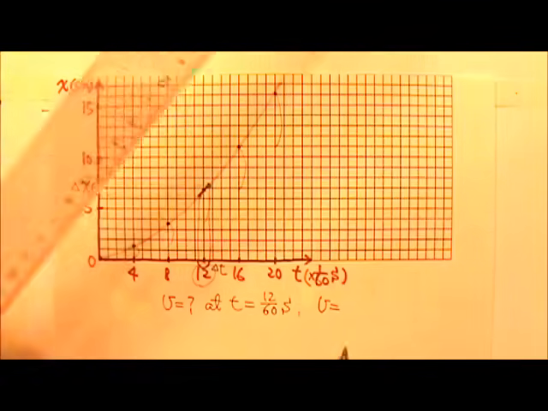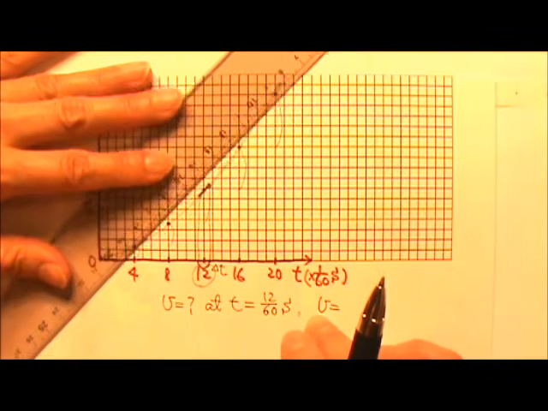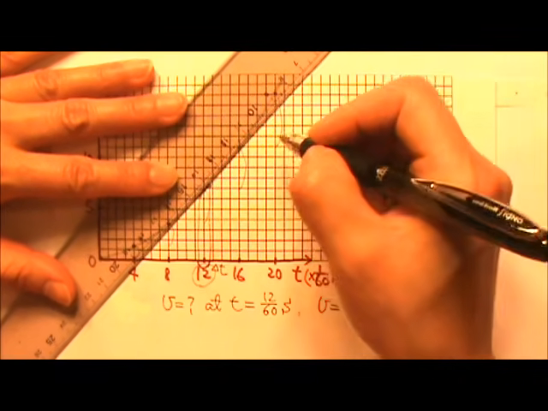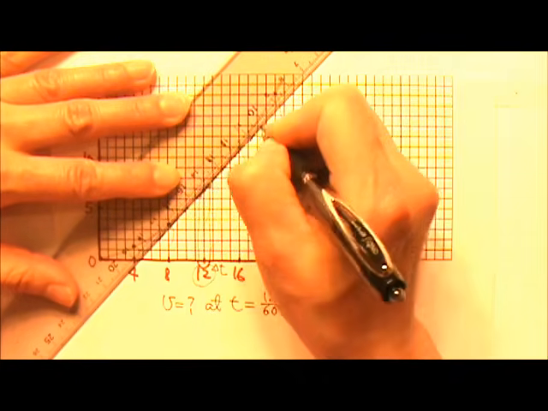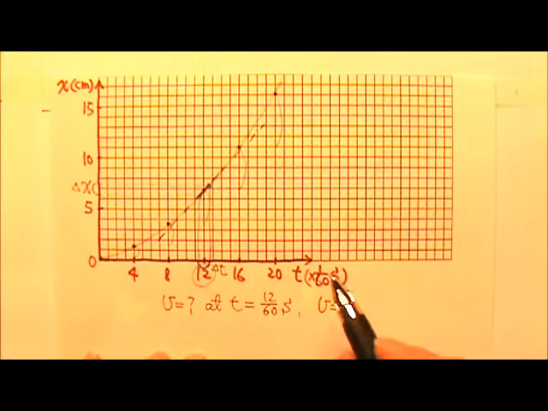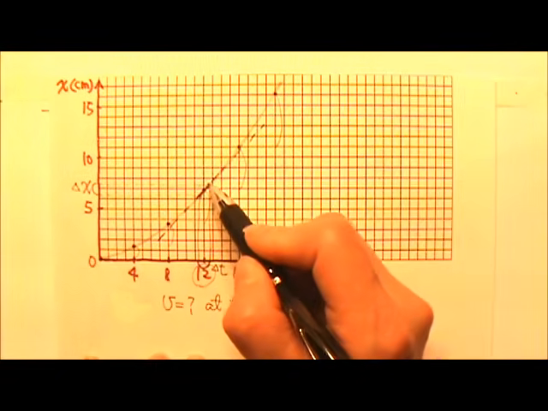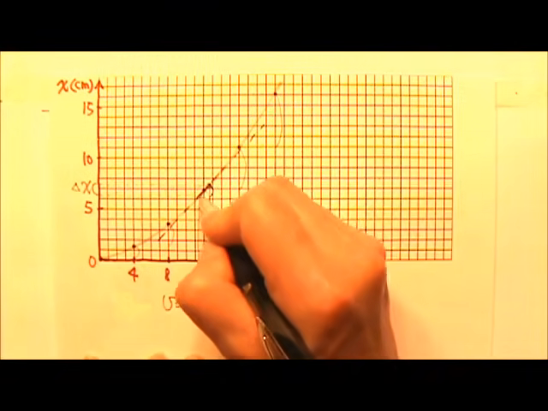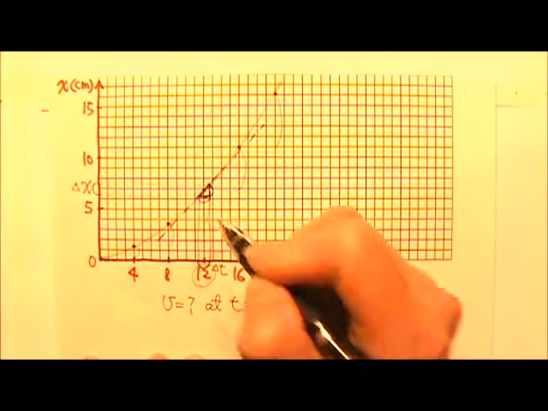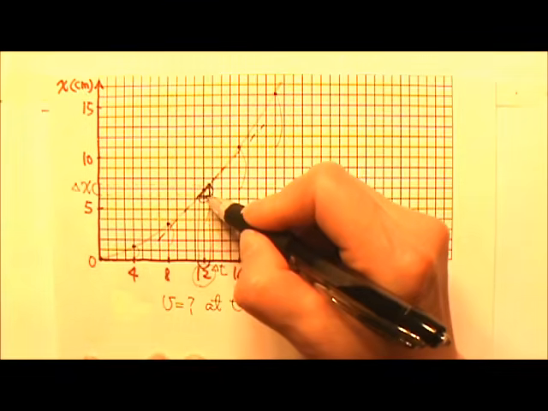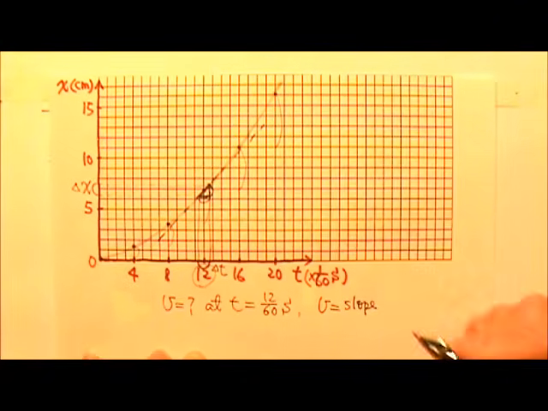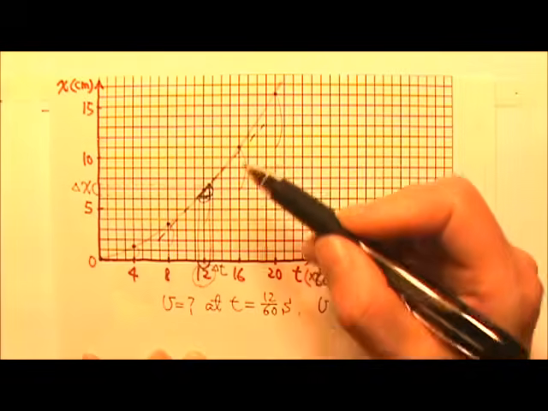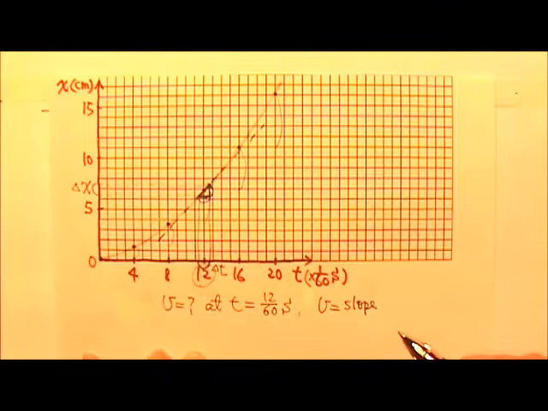So if I make a tangent line, a line that is tangent to my graph, this distance traveled divided by the time would be the rise over run, which is the slope of this line that's tangent to the x versus t graph.